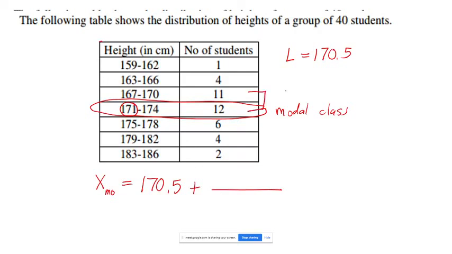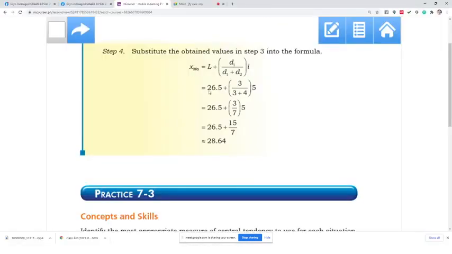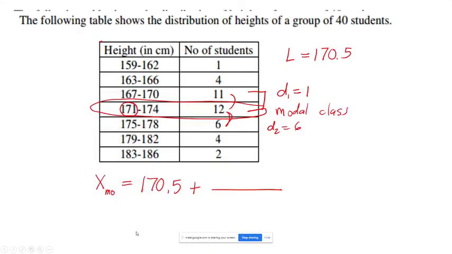This is D1, 1. D2, subtract. D sub 2 is 6. What was our formula again, Section Galileo? Was D1 in the numerator or D2? Let's go check. Okay, D1 is in the numerator. So D1 is simply 1, over D1 plus D2.